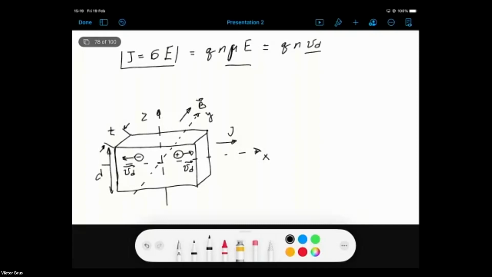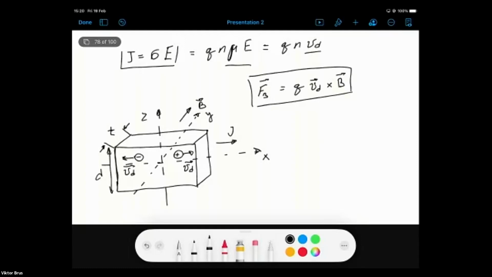Now let us consider what will happen with these moving electric charges which are placed in a magnetic field. Definitely there will be some magnetic force acting on them, and that magnetic force is defined as the vector product of the drift velocity vector and the magnetic field vector. This we remember from previous lectures.